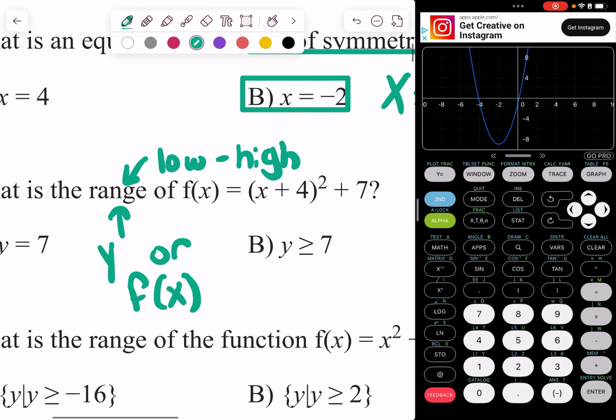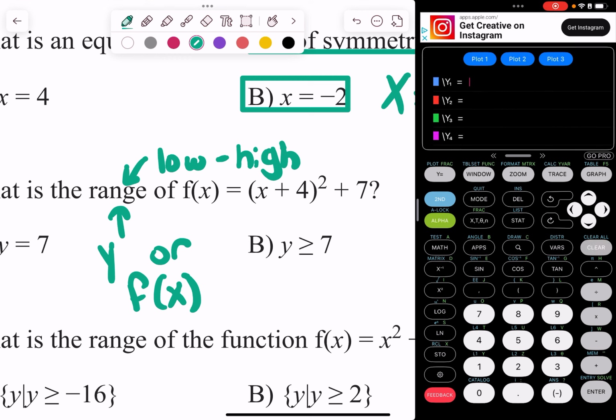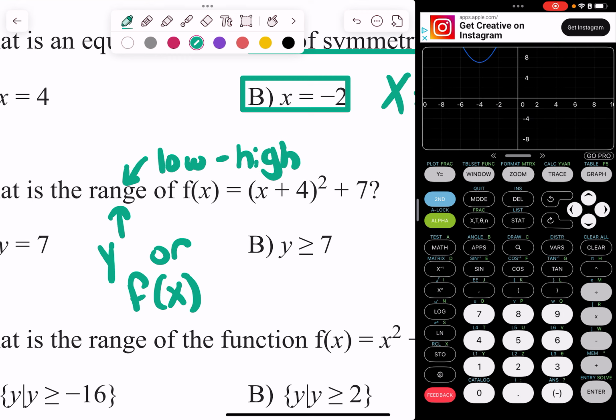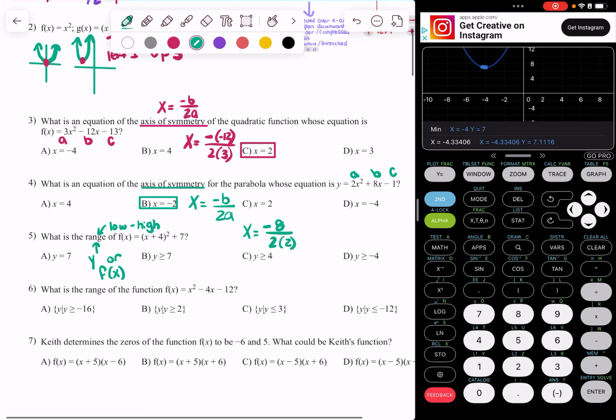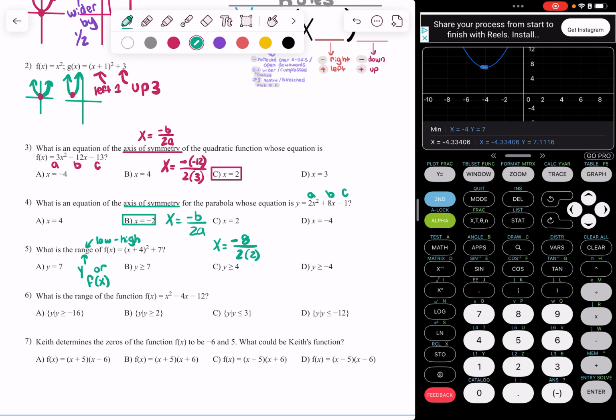All right, so let's type this in: parentheses x plus 4 squared plus 7. And let's graph it. How low does it go? I see the lowest point is up here in the positive section. So my answer is not x equals 7, because it goes greater than 7.